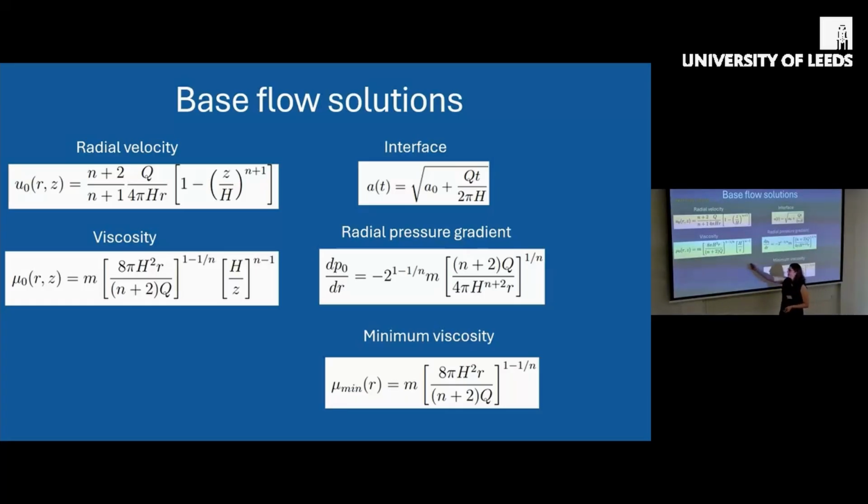So far I've been talking a lot about the viscosity of the shear-thinning fluid being greater or less than that of the silicone fluid. But if you look at the viscosity, it clearly depends on the vertical coordinate Z and the radial coordinate R. So it's a little bit tricky when I compare the two viscosities, but we'll see later on that we can define an effective viscosity.